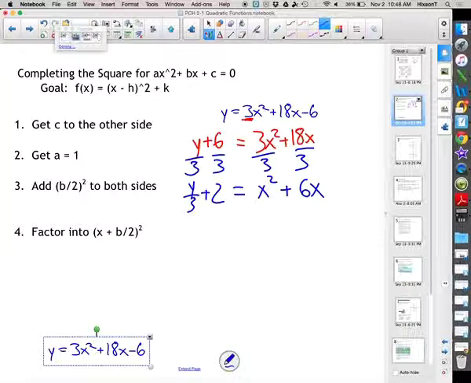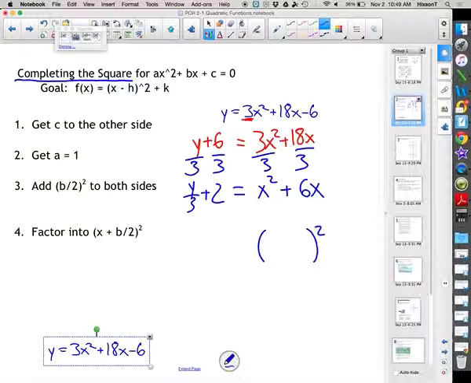Now, I want you to understand what we're trying to complete. Completing the square means we're trying to take this and make it into a trinomial that will factor into something squared. Okay? We're trying to complete a perfect trinomial square. That's what that's called.